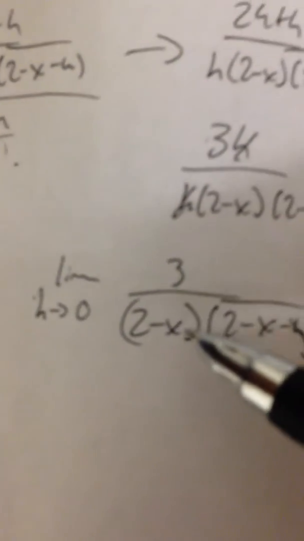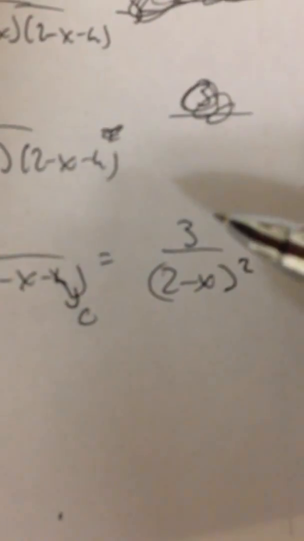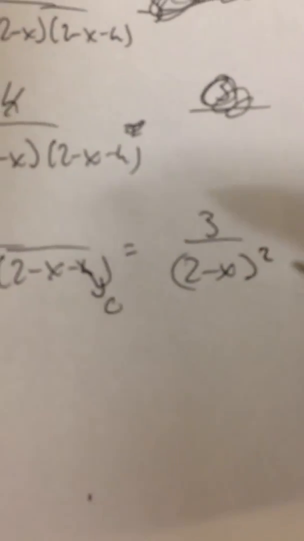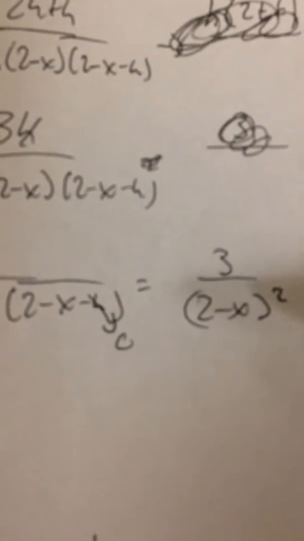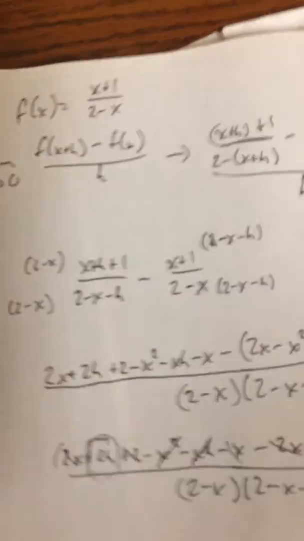So now we have 3 over 2 minus x times 2 minus x, which is the same as 3 over 2 minus x squared. And that's the derivative of this function using the definition of a derivative.